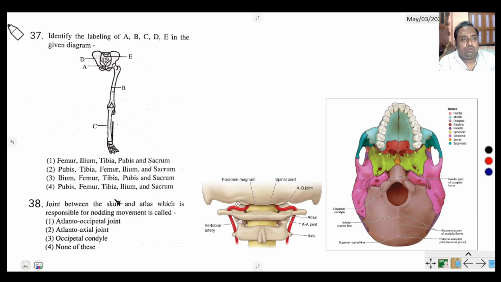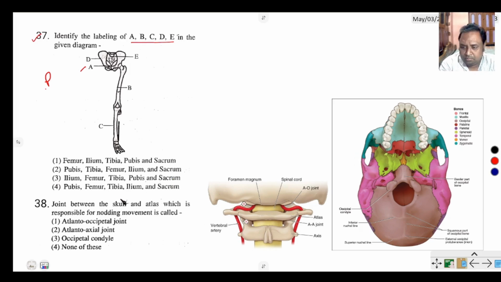Question number 37 says, identify the labeling A, B, C, D and E in the given diagram. A is pubis.